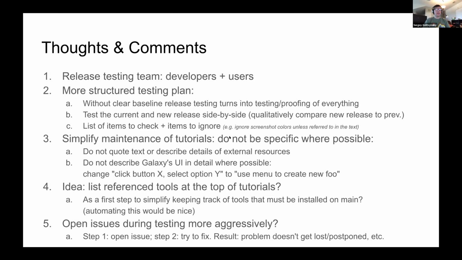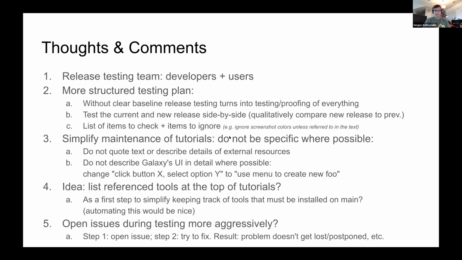And more importantly, where possible, to some extent, do not describe specifics of the Galaxy UI in an imperative manner. Think more declaratively. So use the menu to enable this option, versus go to the menu which is located there, pick the third option from the top and click that button. Again, where it's possible.